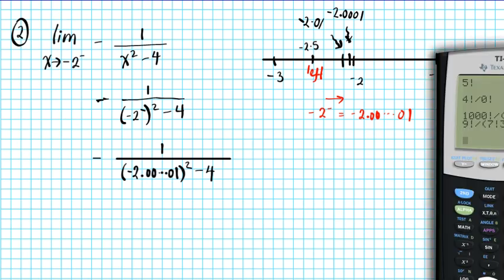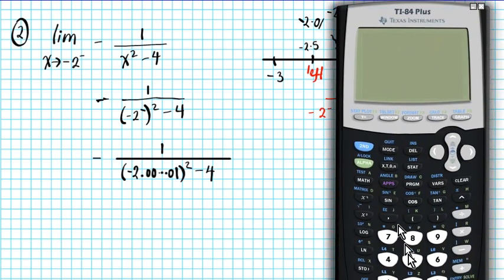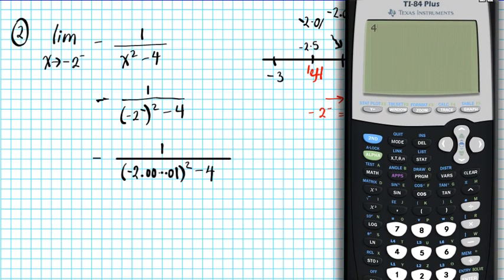Let's do some computation here. Let's do exactly what we have, so parenthesis negative 2.1.